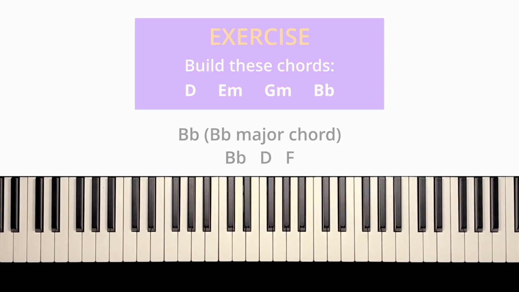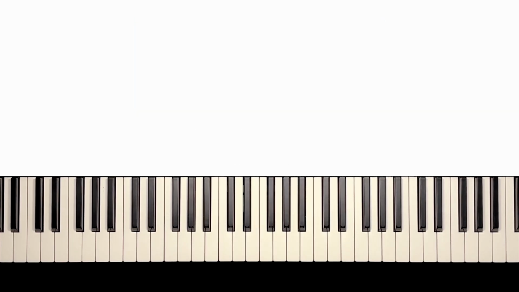Before we close this chapter, there's one more thing I want to mention. In reality, you will often come across chord inversions. That simply means that the notes of the chord have been put in a different order.